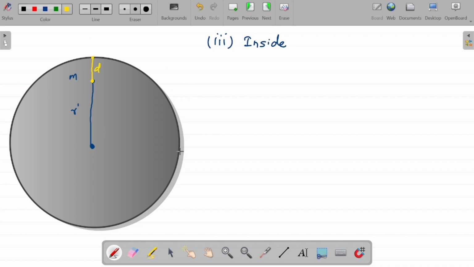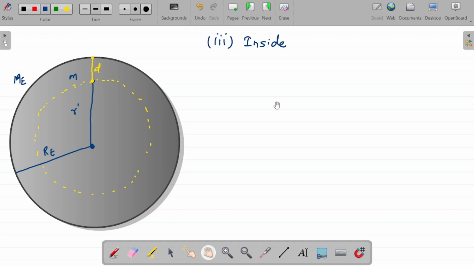Now, we have already discussed such a problem where we found out what is the gravitational pull on this body at this point. So I'm going to take that reference here. Gravitational pull at this body, and mass of this earth is Me, and radius is, let's say, Re.